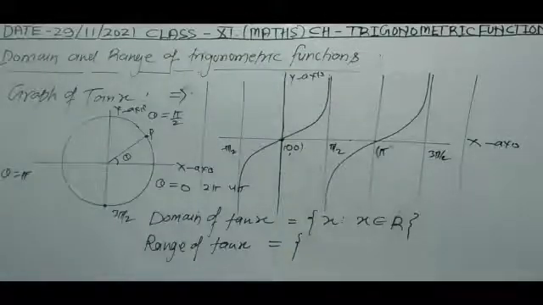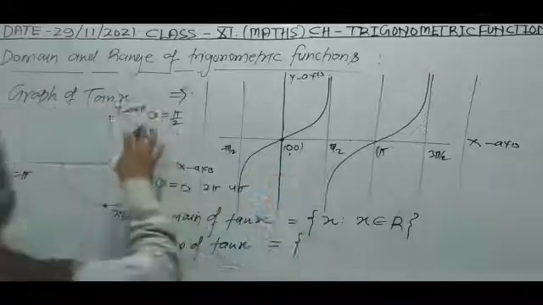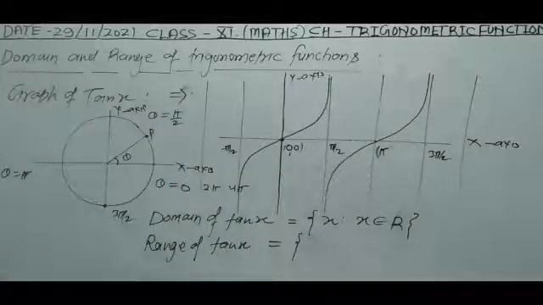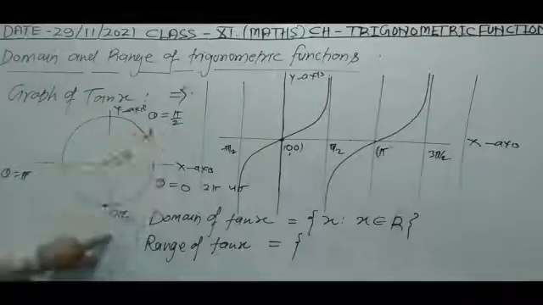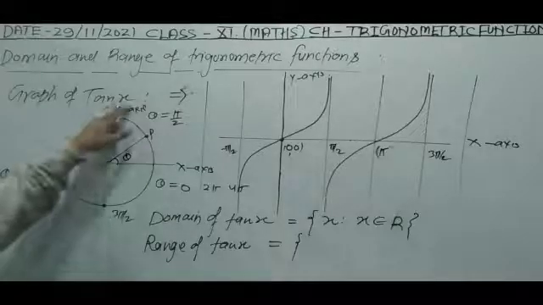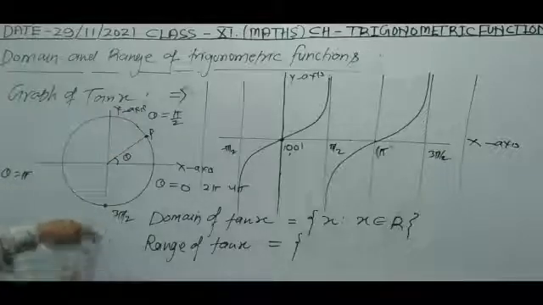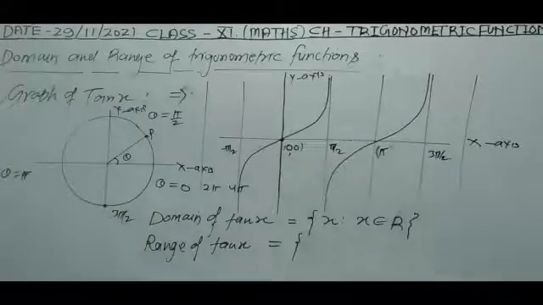See, at odd multiples of pi by 2, the result is infinity. So pi by 2, 3 pi by 2, 5 pi by 2, 7 pi by 2, 9 pi by 2, 11 pi by 2. So at odd multiples of pi by 2, the result is not defined.